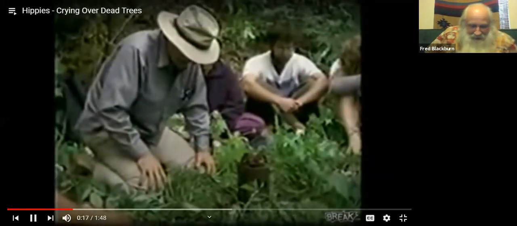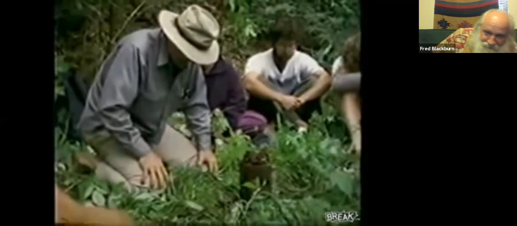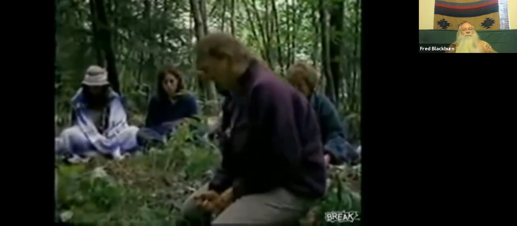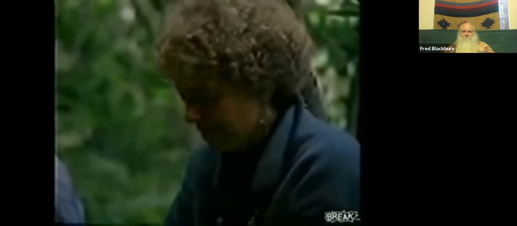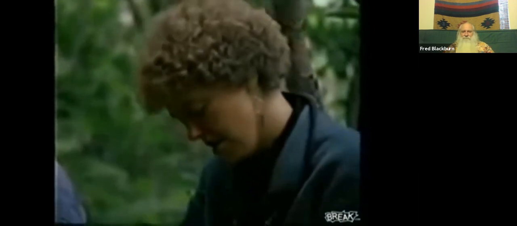Deep in the woods of North Carolina, an extremist eco group called Earth First bewails the violation of American nature. I want to mourn the loss of all the old growth trees I've seen, and tell them that we love them and that we don't want them to die, that there are some people here who do care. So I want you to know that, trees, that we care.